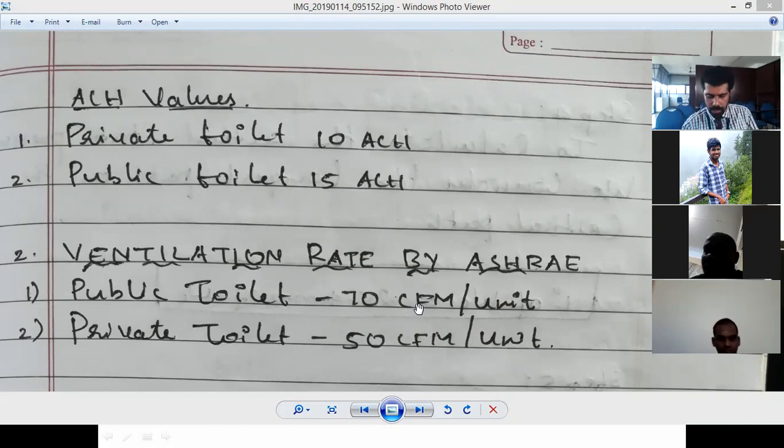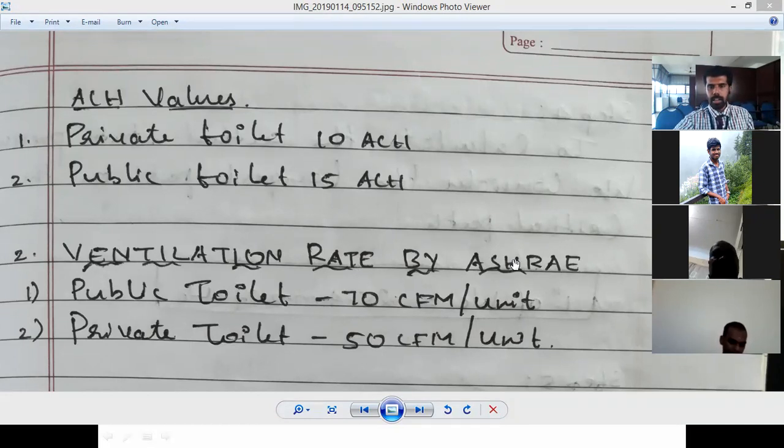But the problem is, ASHRAE is giving a standard dimension of the toilet, which is 2 into 3 meter. The size of a standard toilet is 2 meter width and 3 meter length. If that is the case, you just give 70 CFM for a public toilet per unit, and 50 CFM per unit for a private toilet. It is not necessary to find it from the formula.